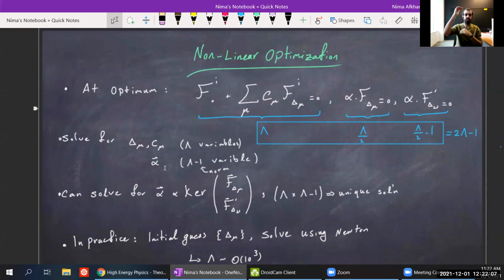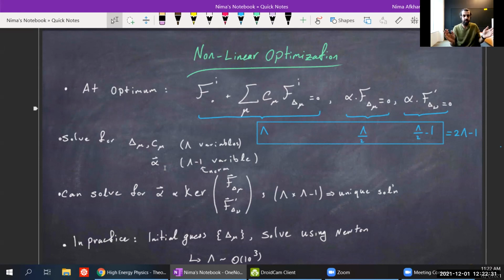I can make a matrix with vectors that correspond to these functionals. And this is the lambda by lambda minus 1 matrix. So the null space of this matrix is always fixed uniquely up to some rescaling. And there's always a solution. Essentially, I have a d-dimensional space with d minus 1 vectors, so I can always find a plane. So there exists a unique solution.